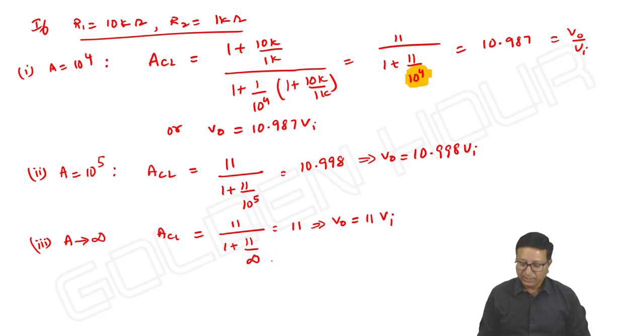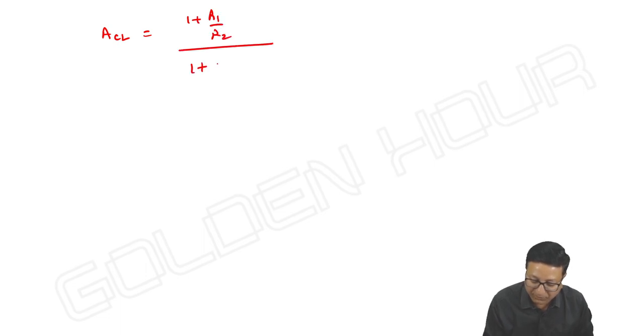Is it not so? It is looking very simple. Instead of writing 10.987 times gain or 10.998, 11 gain is much simpler. In other words, I will write ACL on the next page. The original equation is ACL equal to 1 plus R1 by R2 by 1 plus 1 by A into 1 plus R1 by R2.